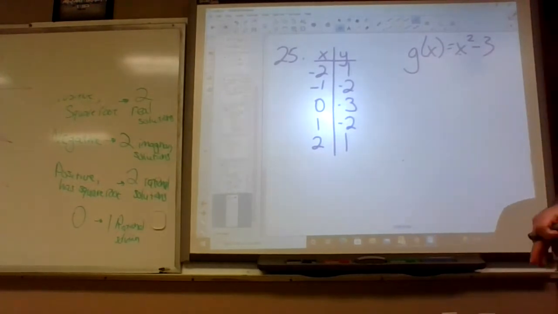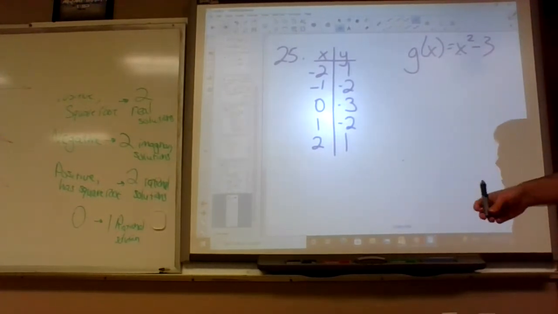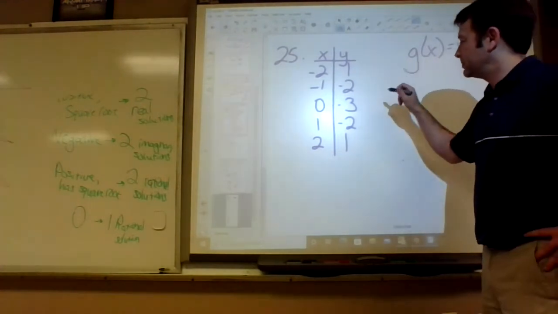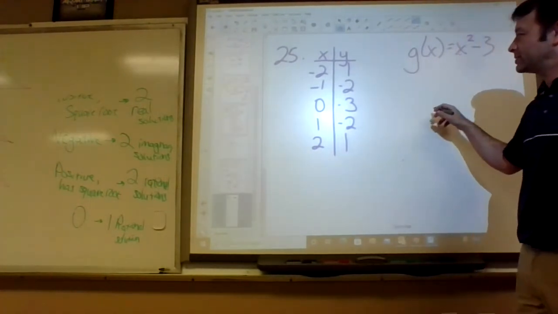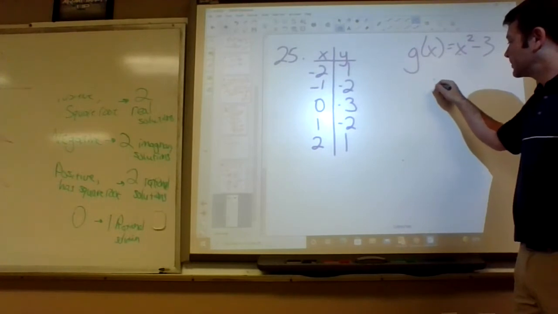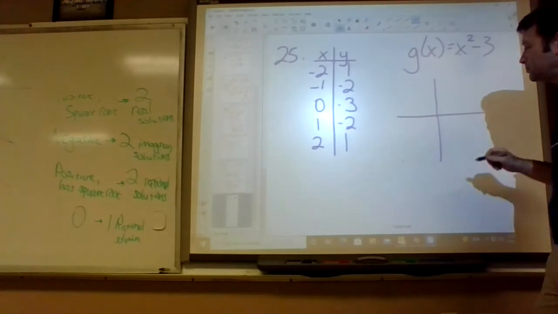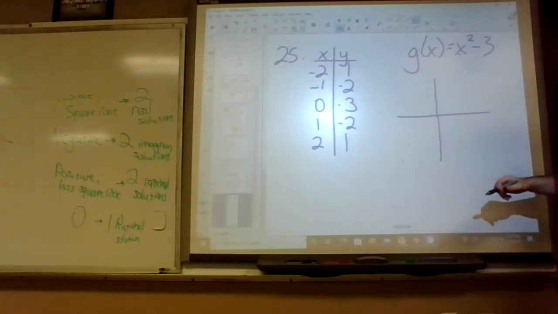27 says graph g of x. This is g of x, this is what we just did. So we need to graph those 5 points. Let's see what shape we get.